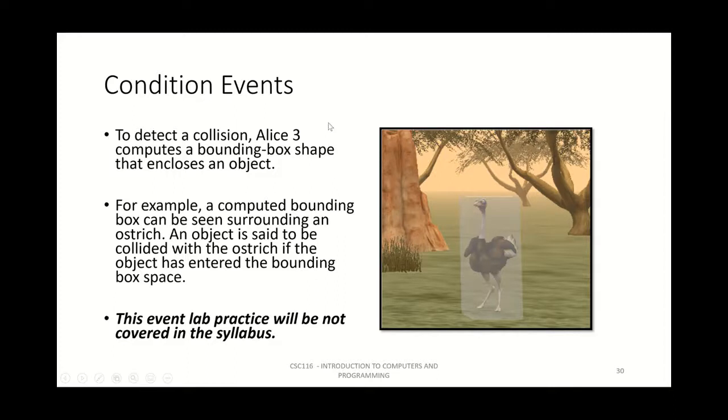That means the collision will happen when the object touches the bounding box that we have created. But for these events, the lab practice will not be covered in the syllabus, so you just need to know the theoretical part only. So that's all for the types of events.